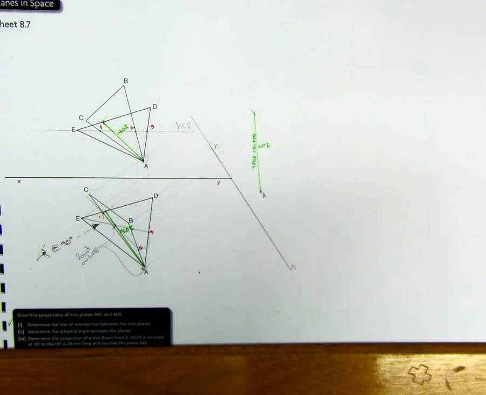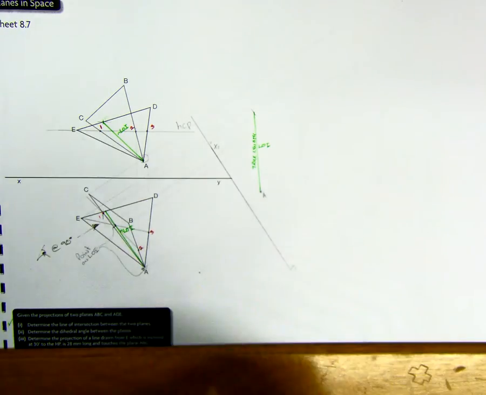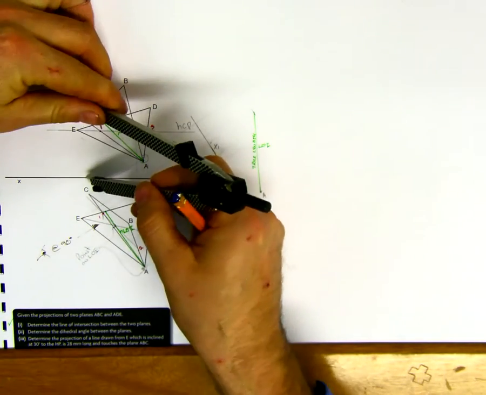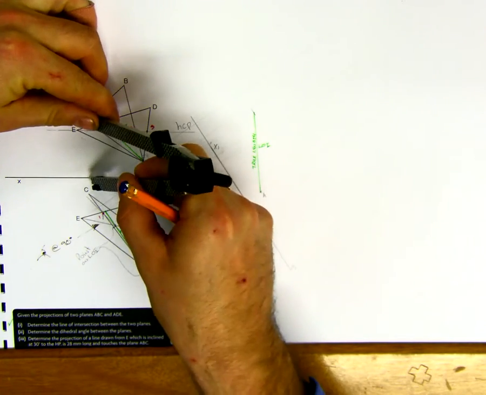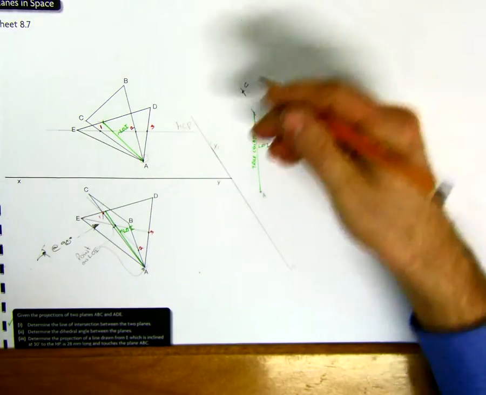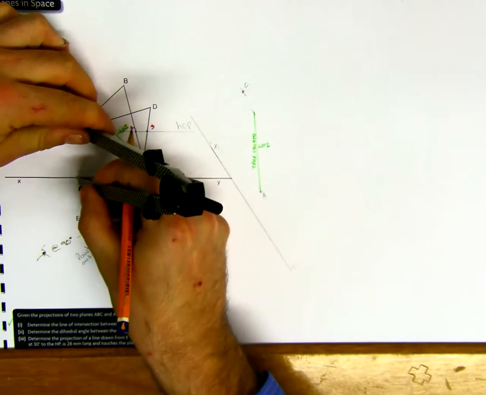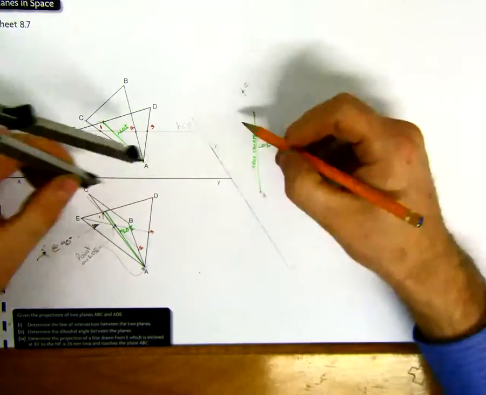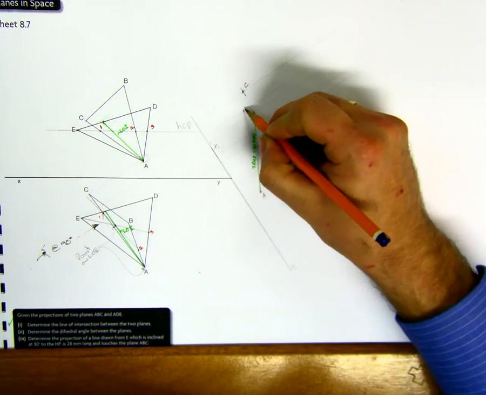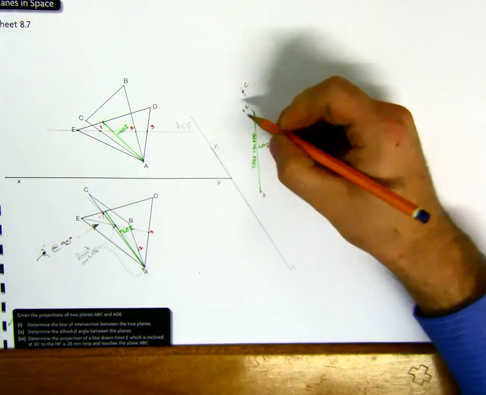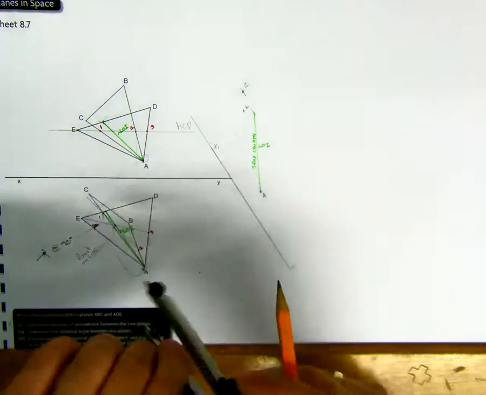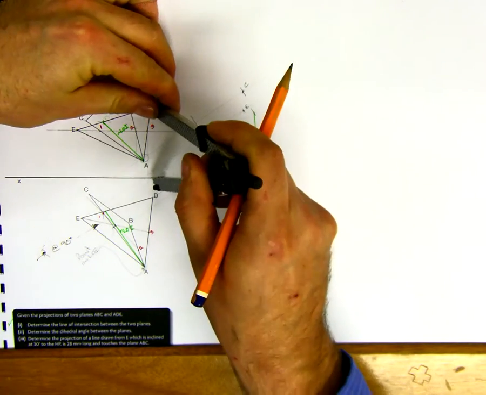So now we just have to finish off our auxiliary elevation. So take all the heights across. So height C, and the height of E. D and D. So just bring all your points across using the heights.